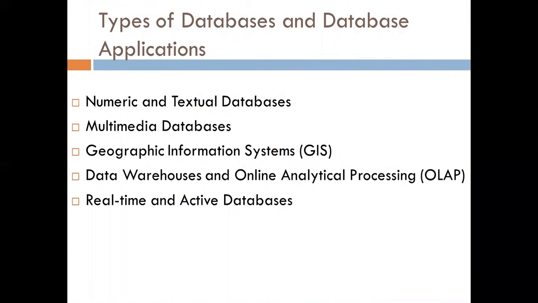Databases have many applications. A few of them include numerical and textual databases, multimedia databases, GIS databases, warehousing and OLAP databases, and real-time databases. So these are the categories of databases depending on their application.